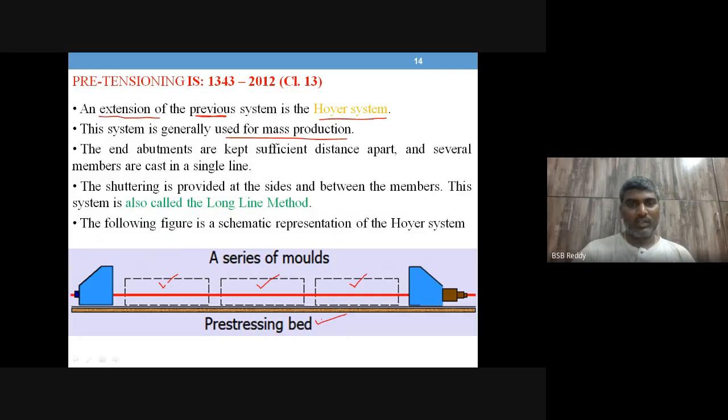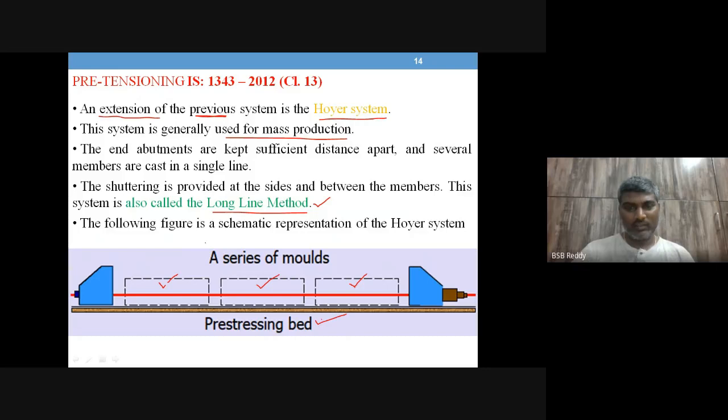That we call the Hoyer system, or the long line method. It is a pre-tensioning technique. Instead of making one member at a time, we can make hundreds of such members.